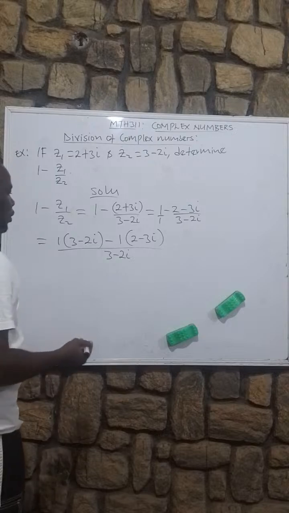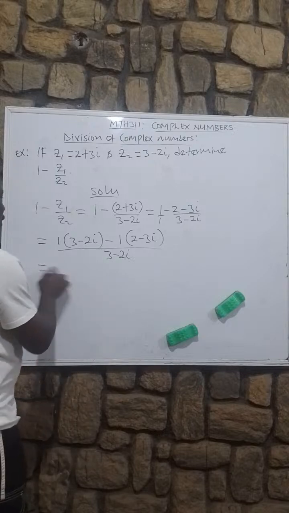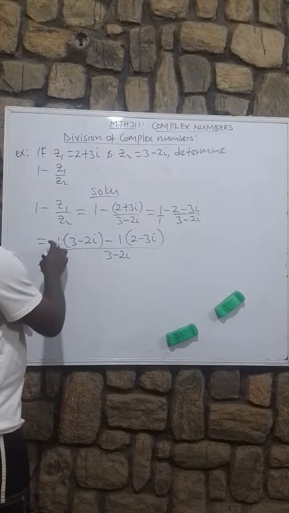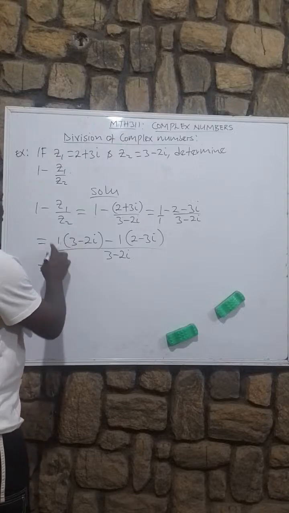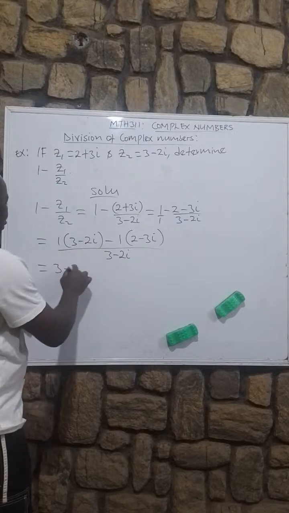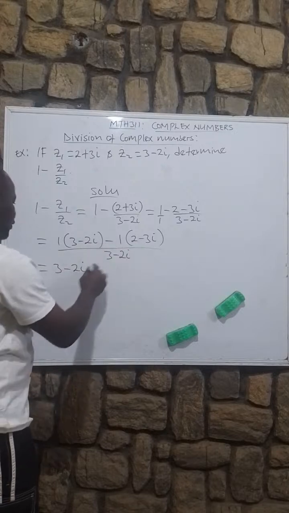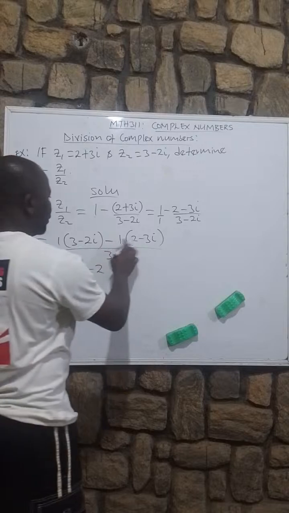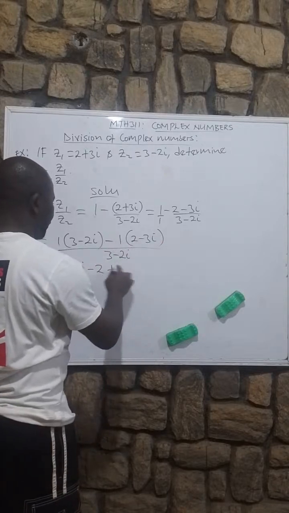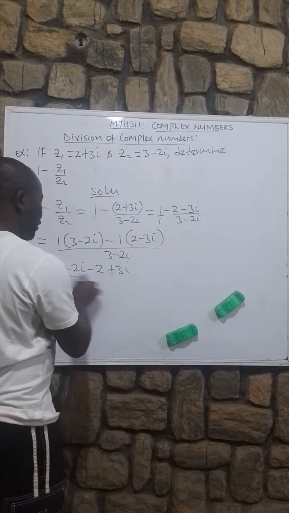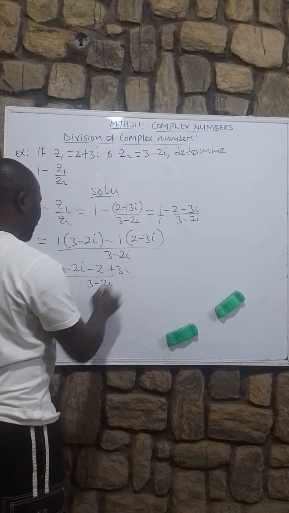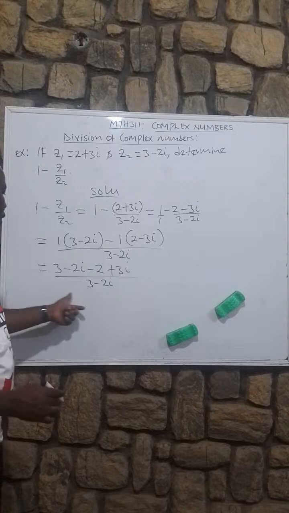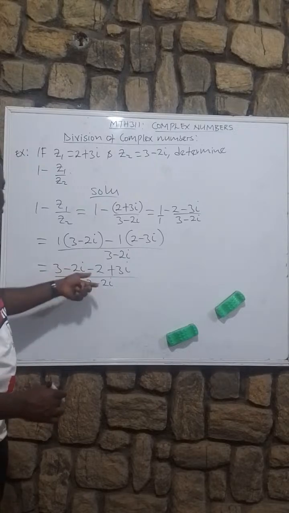So what we need to do here is we open the bracket. This 1 times this, we are going to have 1 times 3 is 3. 1 times minus 2i, minus 2i. Minus 1 times 2, minus 2. Minus 1 times minus 3i, plus 3i. Then all over 3 minus 2i. True or false? It's true. Then we collect like terms.